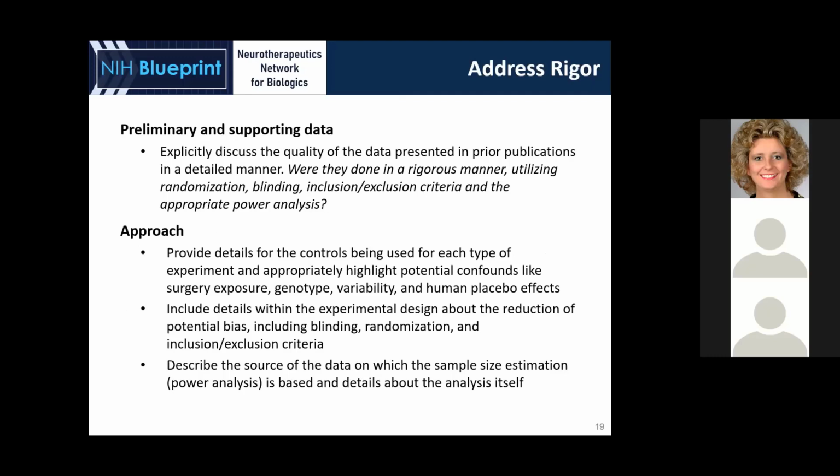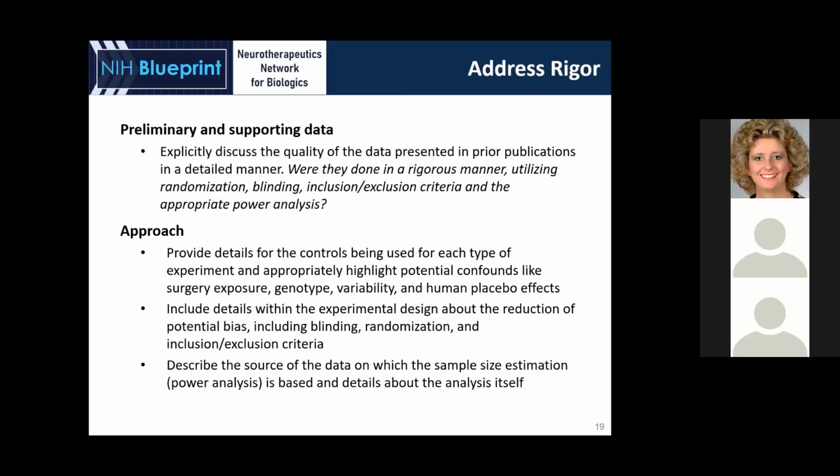So, make sure to also consider and address rigor. This is a very important portion of any application. When supplying preliminary and supporting data, make sure to explicitly discuss the quality of the data being presented in prior publications in a detailed manner.